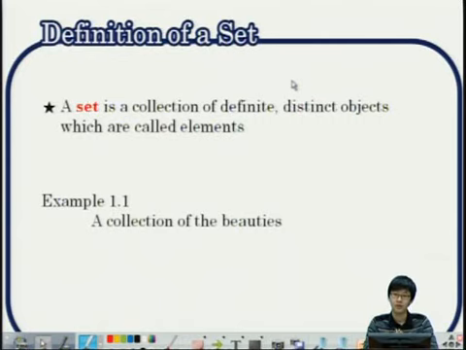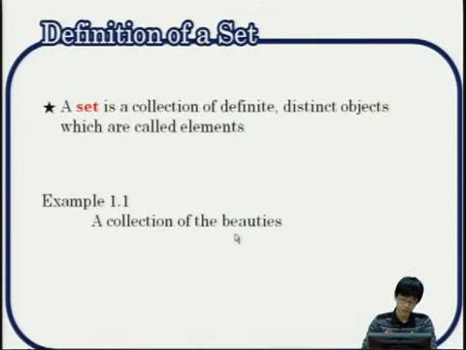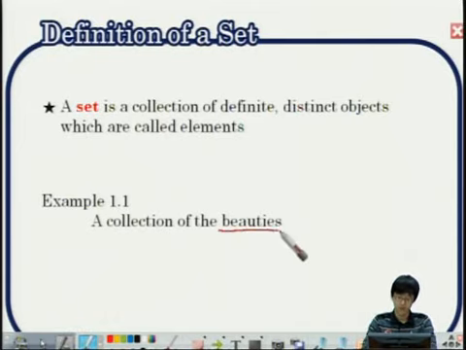This Britney Spears is not a distinct and definite object, right? There has to be one single standard which all people can agree. But if one person can't agree, then it is not a set. So this beautiful is kind of an abstract word, so it's not a set.